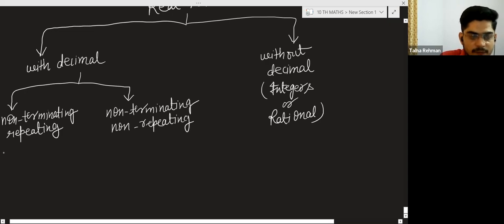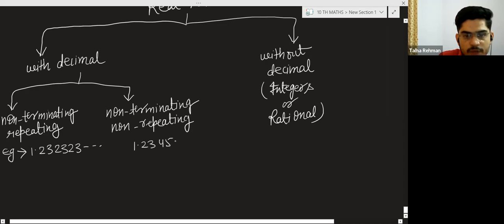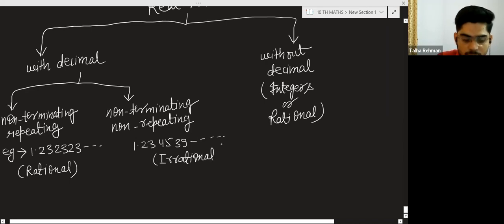The example of this is 1.232323. The example of this is 1.234539 and so on. This is rational and this is irrational.